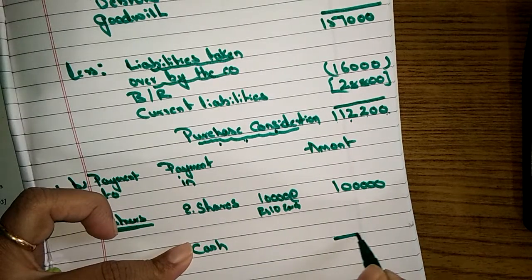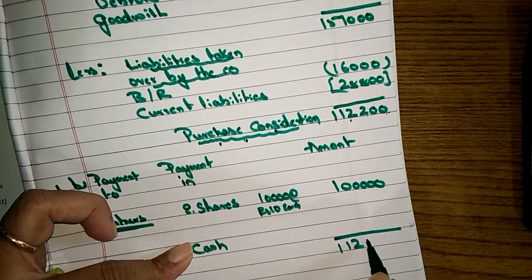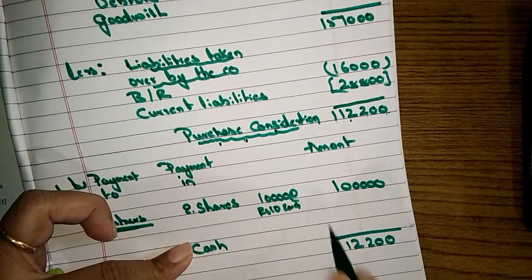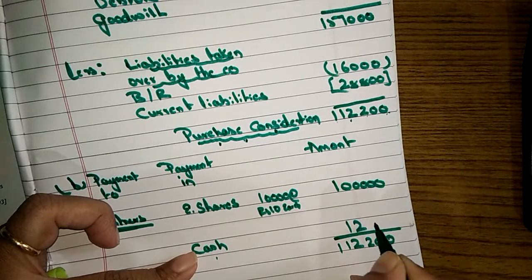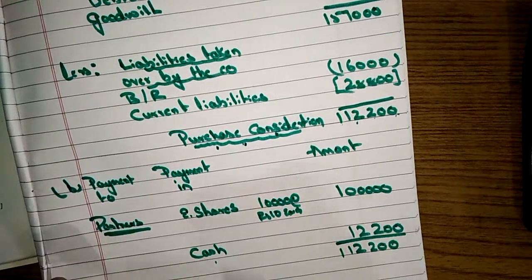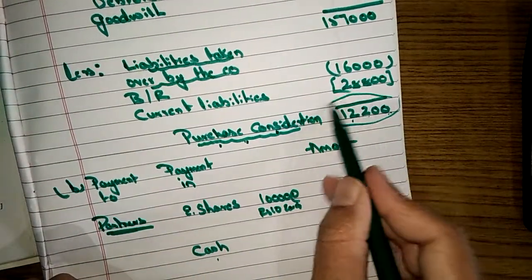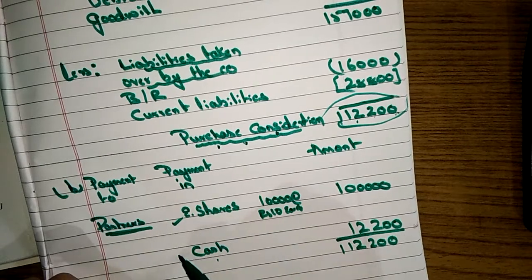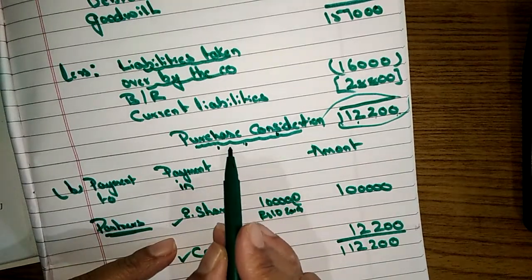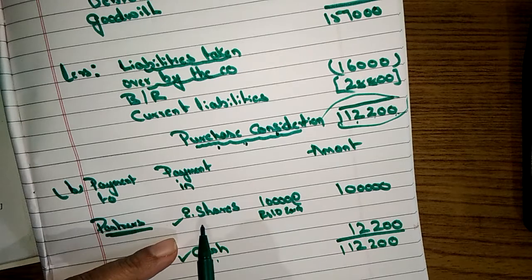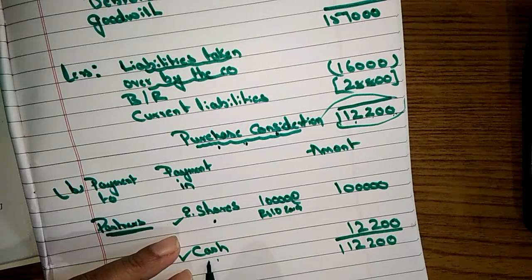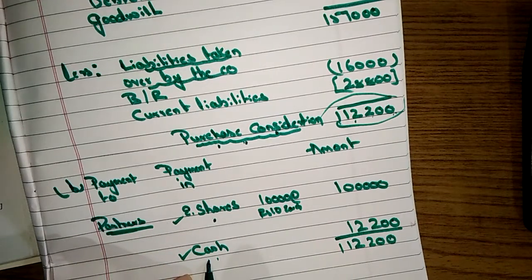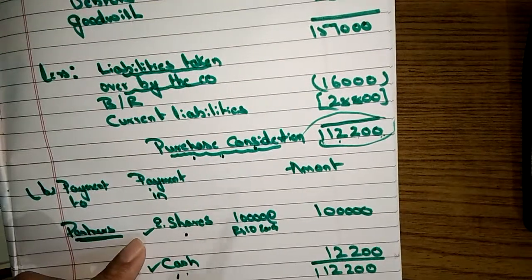So how much is the total purchase consideration? It's 1,12,200. So what is the balance? The remaining balance has to be paid in cash. That comes to 12,200. So this is purchase consideration, and these are the details in which they are discharging it. Some amount they are paying through equity shares and some part through cash. Hope you got this problem.